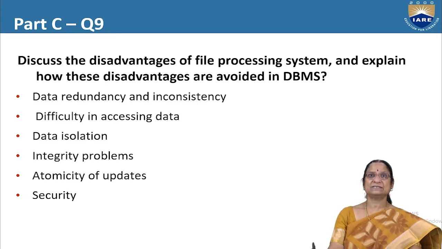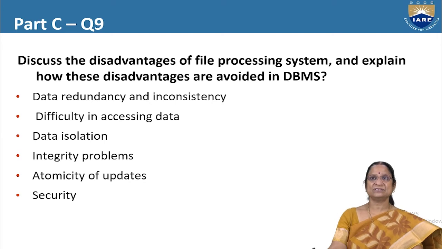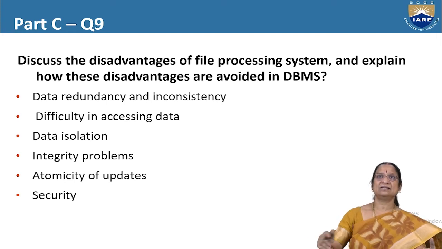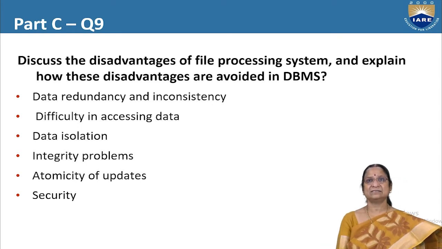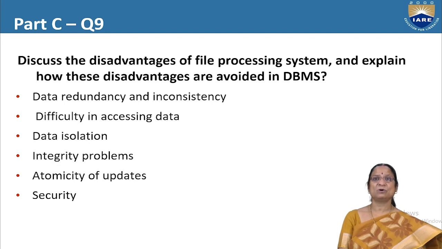Okay, the next question is: discuss the disadvantages of file processing system and explain how these disadvantages are avoided. These are also discussed in the first two lectures of the database management series. Please go through that. But in brief, these are the parameters we considered: data redundancy, inconsistency, difficulty in accessing data, data isolation, integrity problems, atomicity of the updates, as well as security problems.